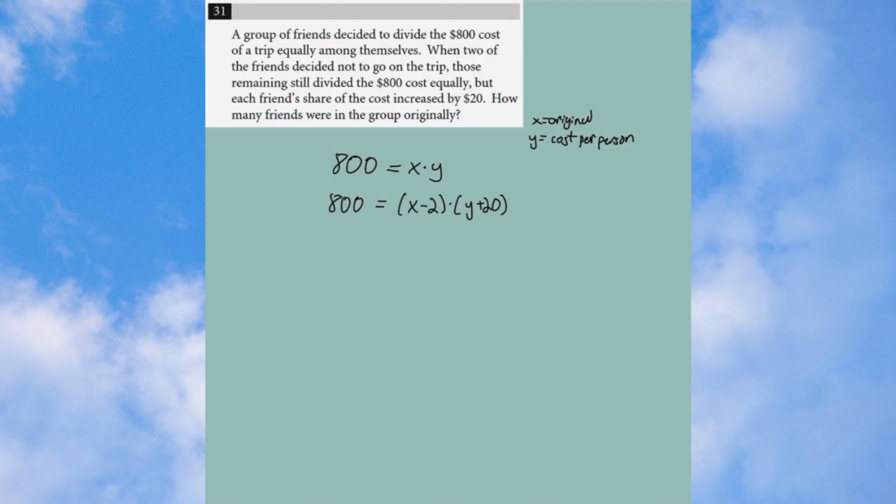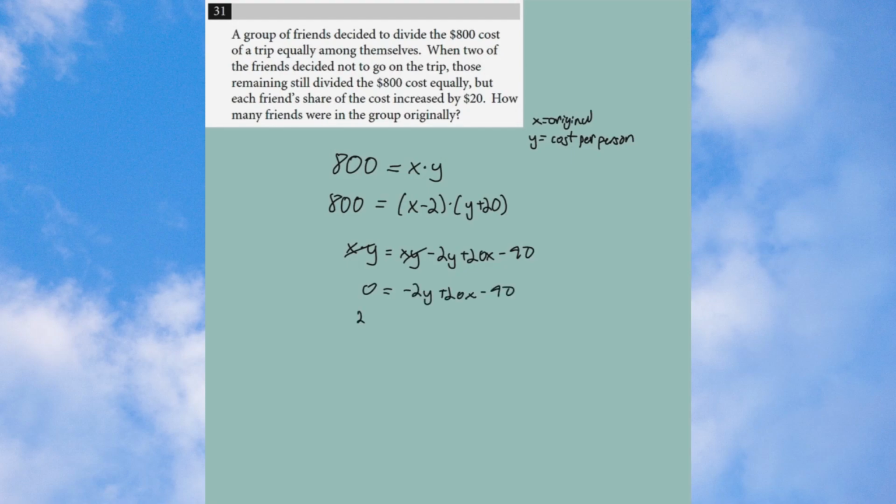We have x minus 2 times y plus 20, so we have xy minus 2y plus 20x minus 40. Let's replace these with 800, x times y is equal to x times y. These two xy cancel out, as we can just subtract it over. So we have 0 is equal to negative 2y plus 20x minus 40.